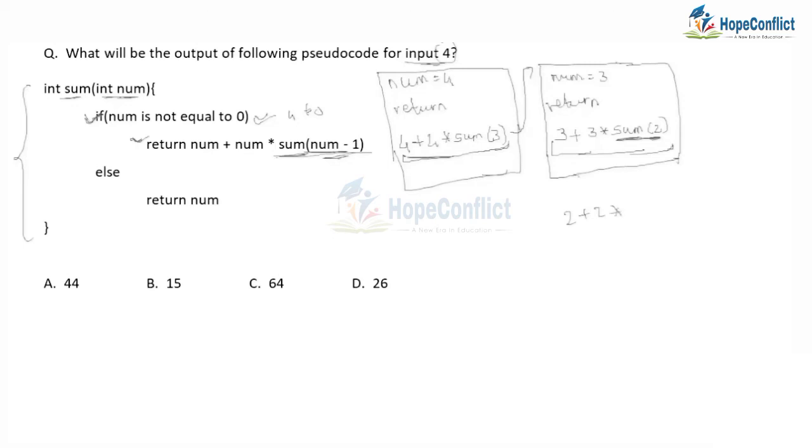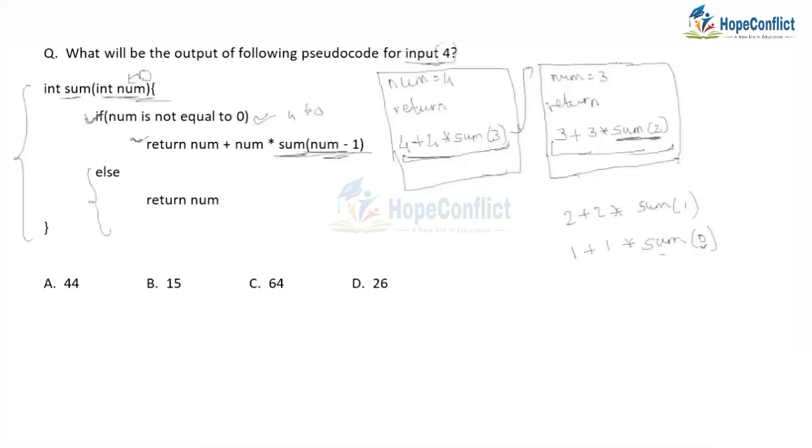After that, for the next function frame, it will be 1 plus 1 multiplied by sum of 0. And for the next function frame, when value of num will be 0, because we are calling this sum function now with the parameter passed as 0, we are going to execute the else part of the condition, that is return value of num.